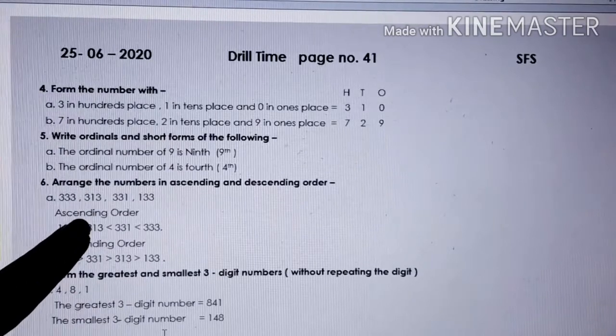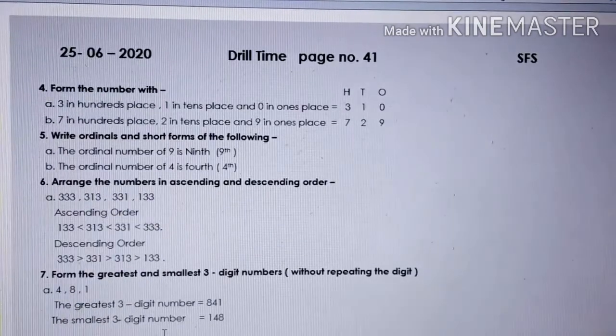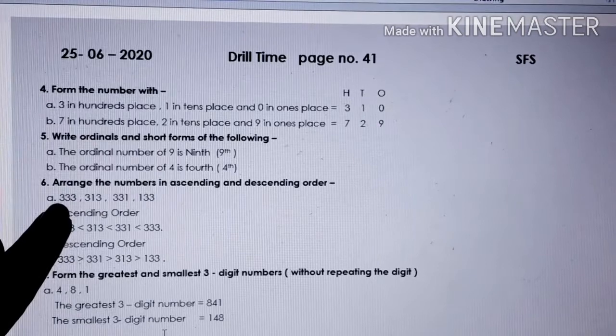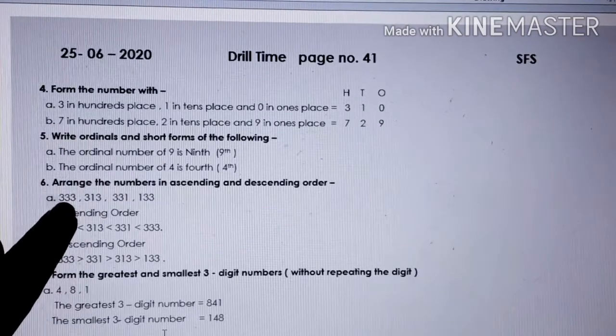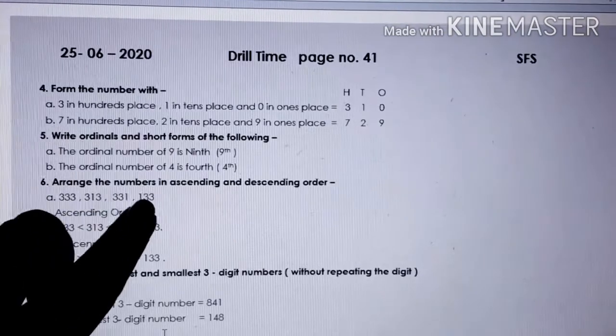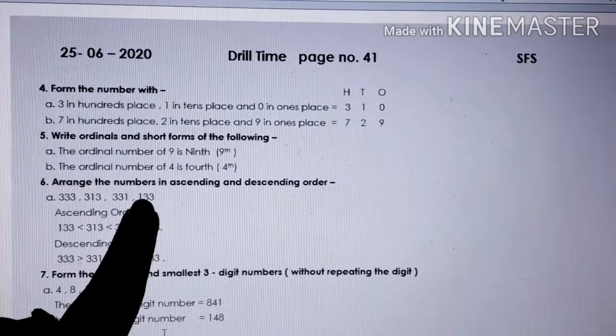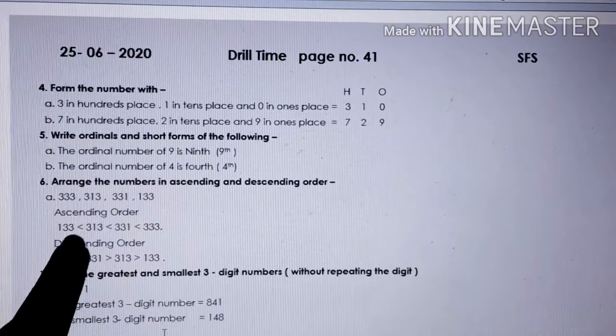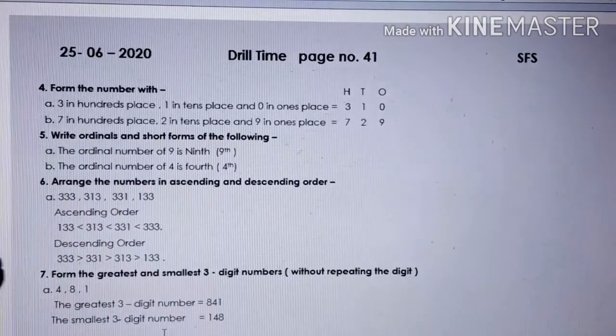So first we will arrange these numbers in ascending order. So you're going to compare the hundreds place. You can see 3, 3, 3. These are all same, but this is 1. That means 133 is the smallest one. So we'll put this number first.